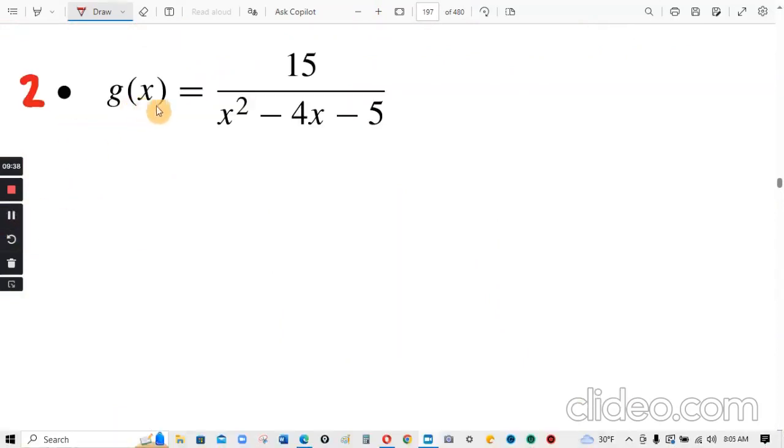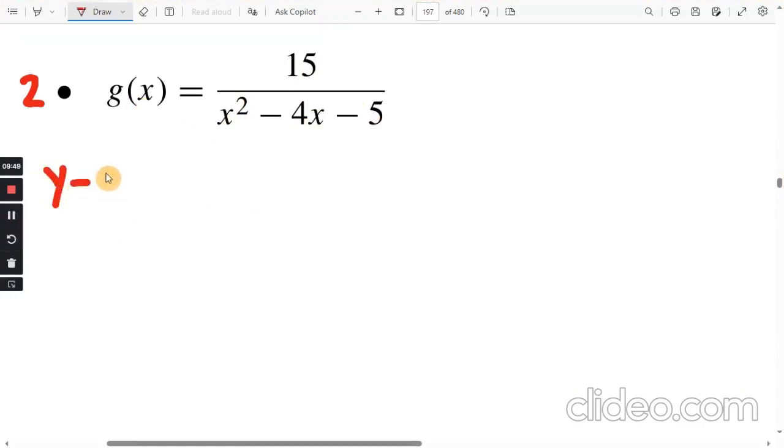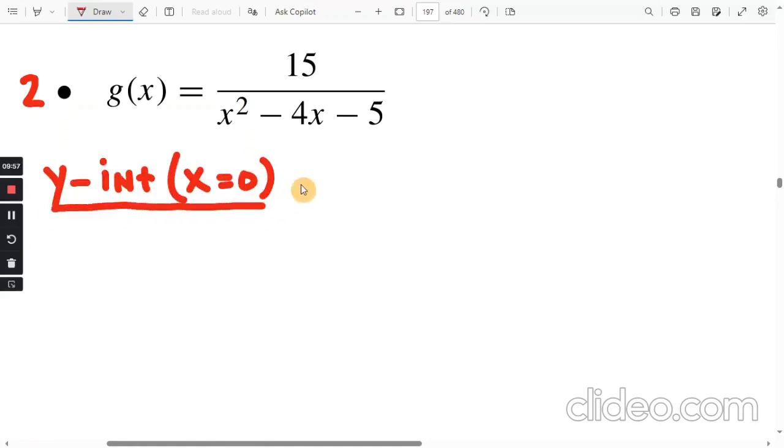Example 2, here we have g of x equals 15 divided by x squared minus 4x minus 5. Once again, for the y-intercept, you set x equal to 0.